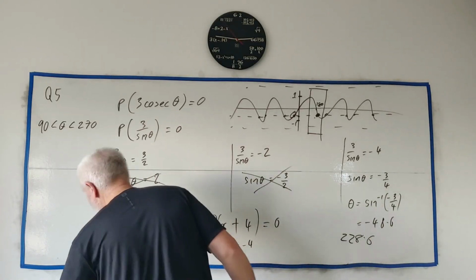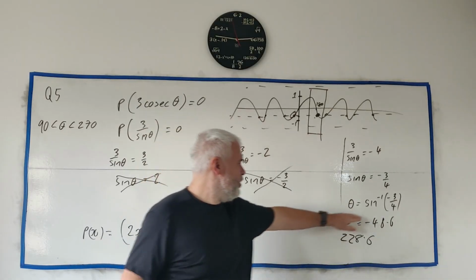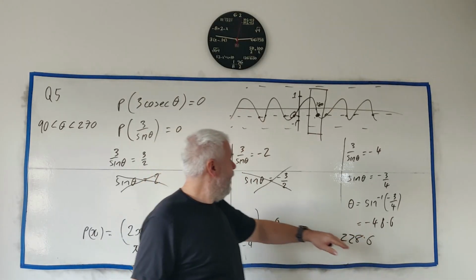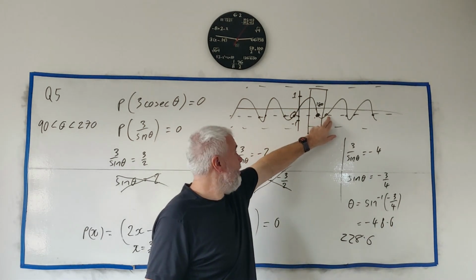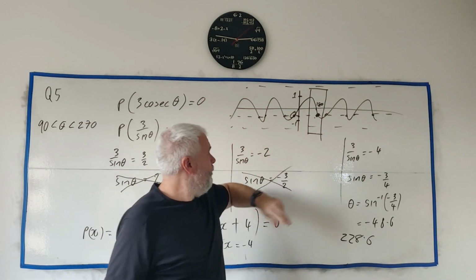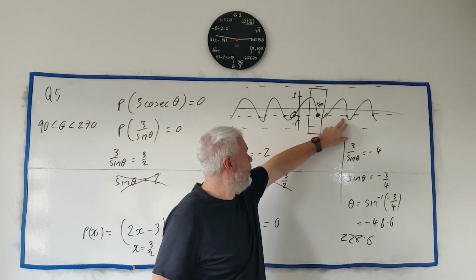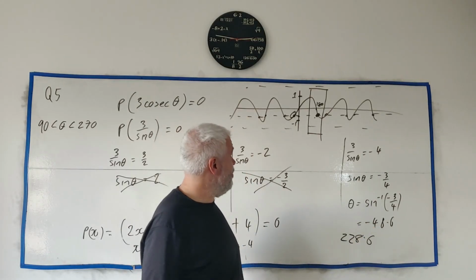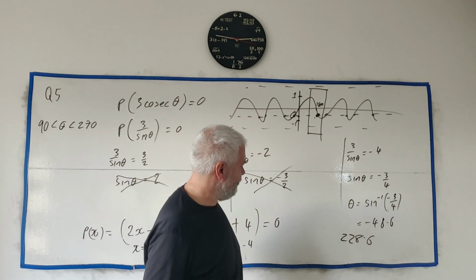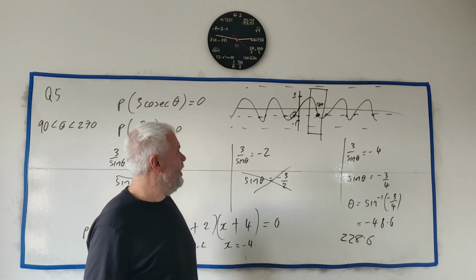Just in case you're wondering, this answer here, because maybe you have a fancy calculator that will shoot out lots of answers, this answer here would be 311.4. And I guess they start repeating then. This one would be 360 added to this, which is 320, 312, something like that.